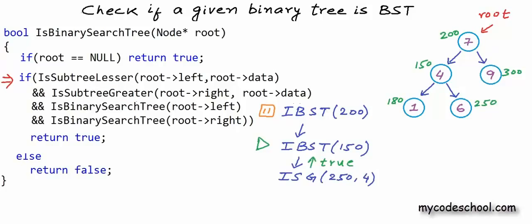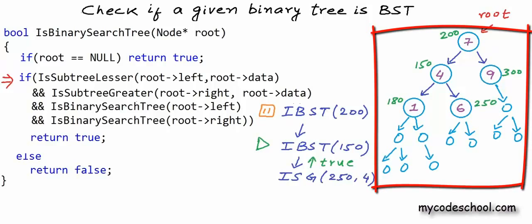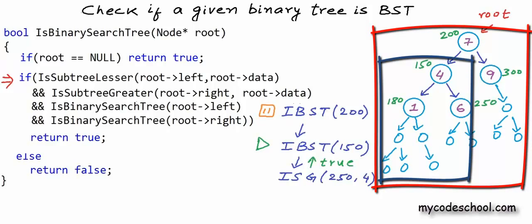The execution will go on like this, but I want you to see something. In each call to the binary search tree function, we are comparing the data in root with all the elements in the left subtree and then all the elements in the right subtree. This example tree could be really large. Then in that case, in the first call to isBinarySearchTree for this complete tree, we would recursively traverse this whole left subtree to see whether all the values in this subtree are less than 7 or not.